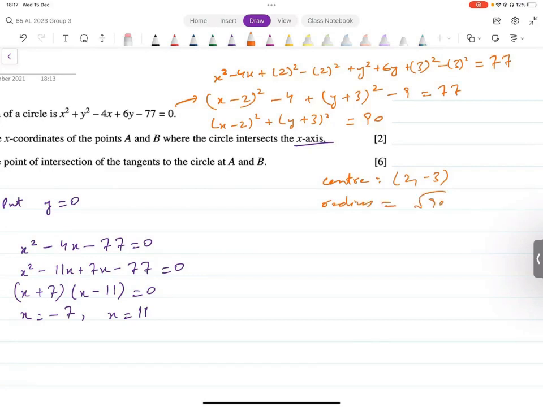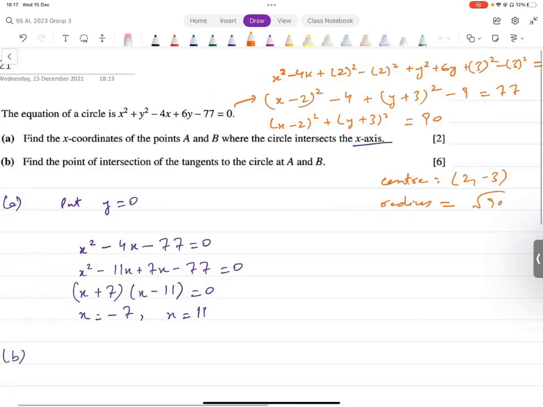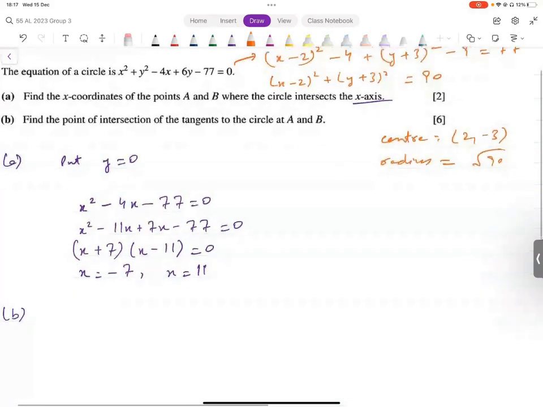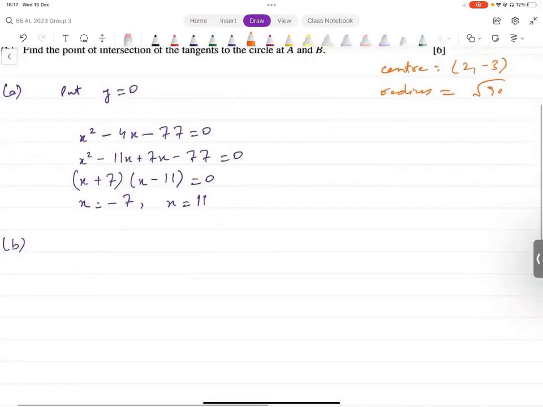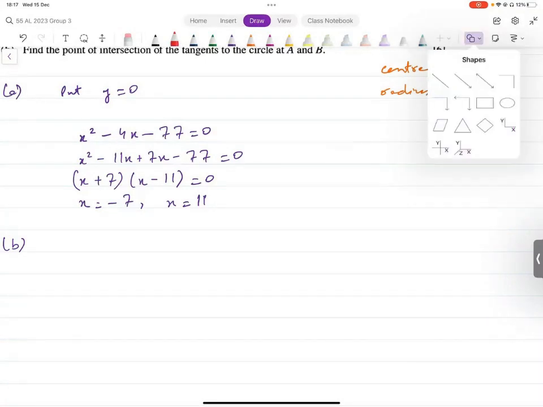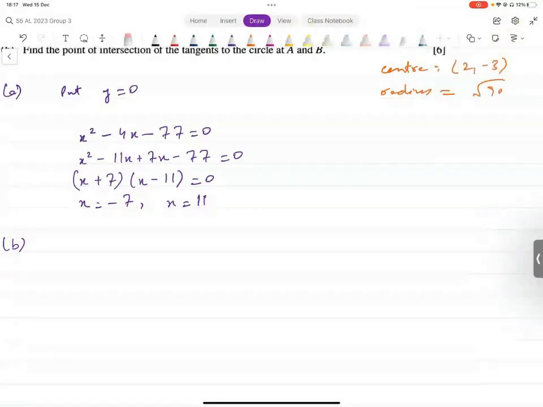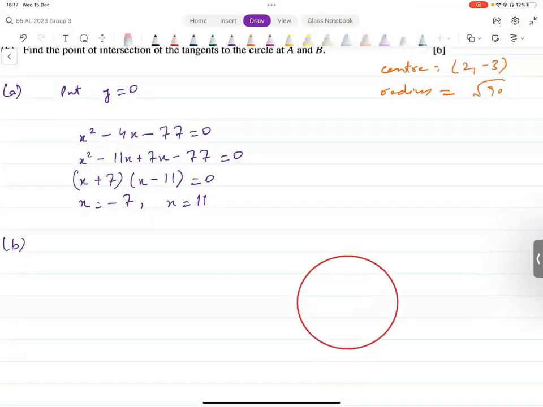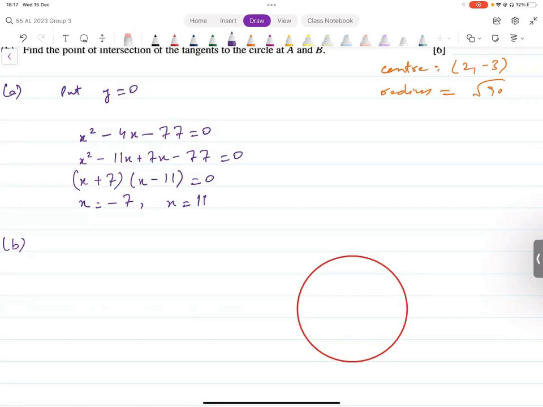ठीक है, ये दूसरी चीजें हमारे पास आ गई. Now what you can do is we can try to understand what the circle looks like. ठीक है, so it's basically going to be a situation like this, that you have a circle of this form. This is the circle. The center of the circle is at (2, -3), यानी x axis के नीचे होएगा ये.